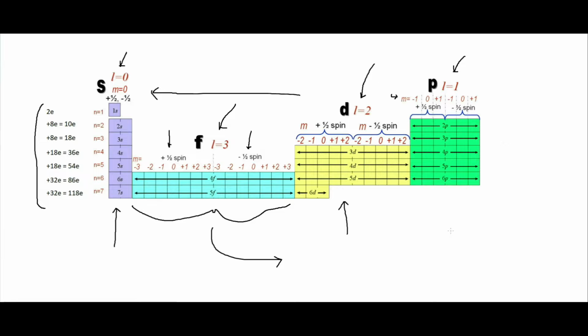And these maximum numbers of electrons are going to come all the way at the right here, because we fill the orbitals with electrons as we go from left to right. That's a periodic trend, because as we go left to right, we add another proton, and therefore we add another electron in order to make it a neutral element.